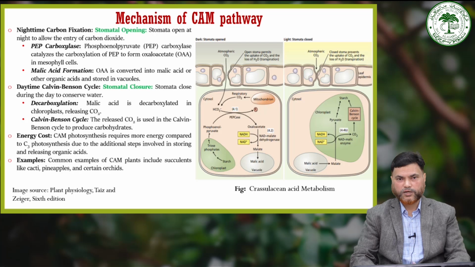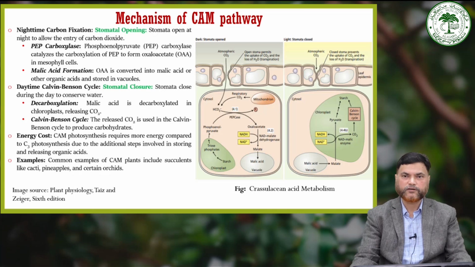Now we will discuss in detail the basic mechanism of CAM plants, how this pathway operates. So basically phosphoenol pyruvate carboxylase is a very pivotal enzyme in CAM pathway, which catalyzes the carboxylation of phosphoenol pyruvate to generate oxaloacetate within mesophyll cells.